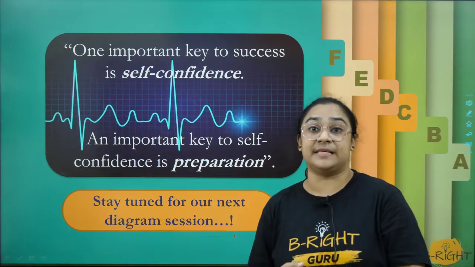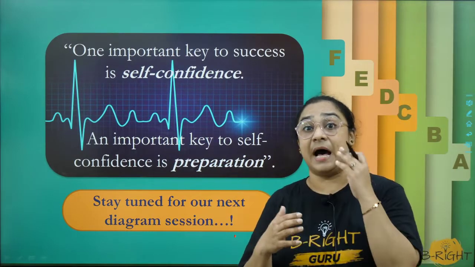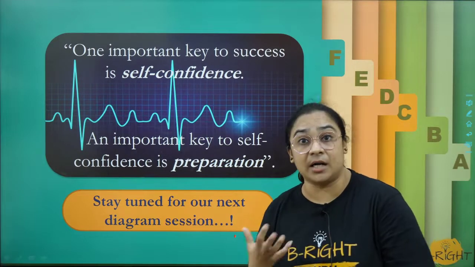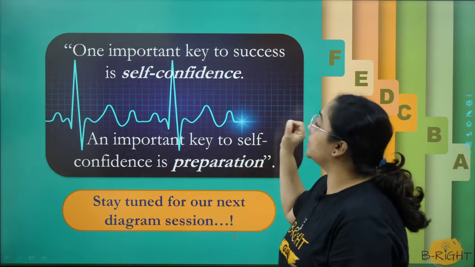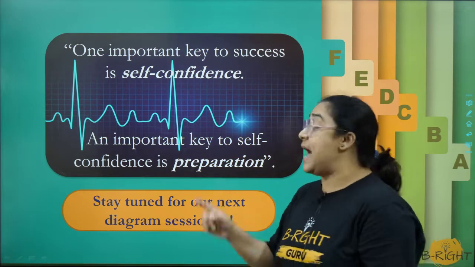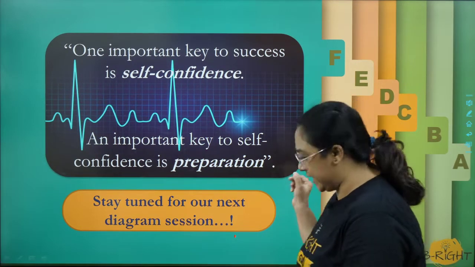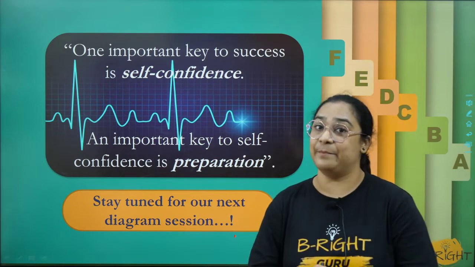You study the concept, saturate it in your mind, self-analyze where your weakness and strength are, work on the weakness and gain self-confidence. So one important key to success is self-confidence, and the key to self-confidence is nothing but preparation. The more you prepare, the better it will be for your board exams.